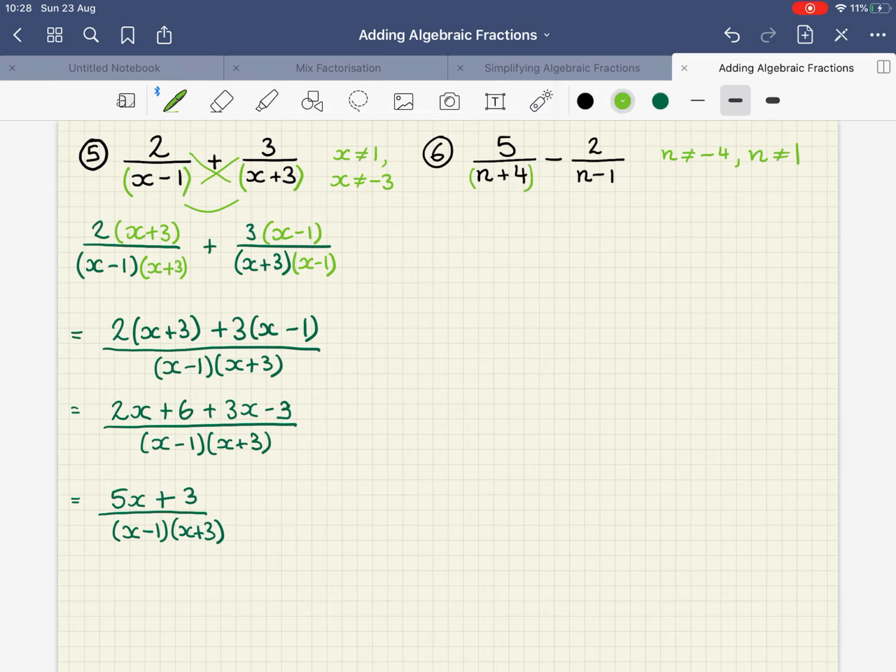Okay, so let's take a look at this next one. So again, I'm going to put those brackets in. So I've got 5 over n plus 4, take away 2 over n minus 1.